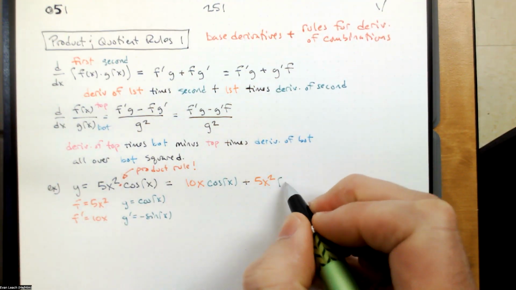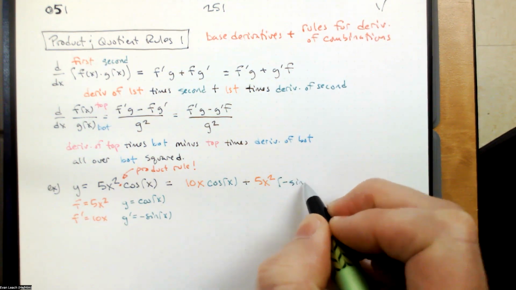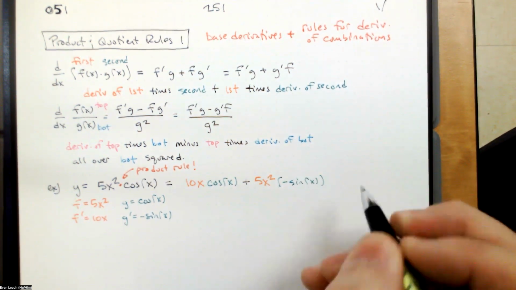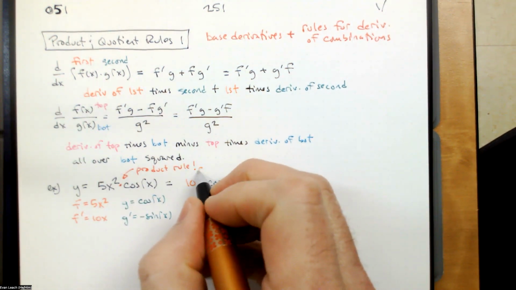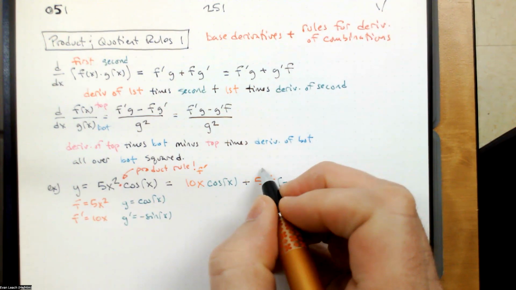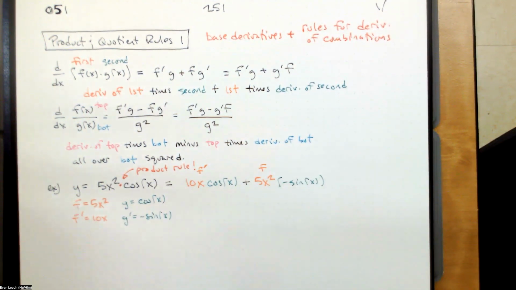I'm going to be careful here, and I'm going to write parentheses to indicate that I am multiplying by negative sine x. Just following the product rule. f prime g plus f g prime.